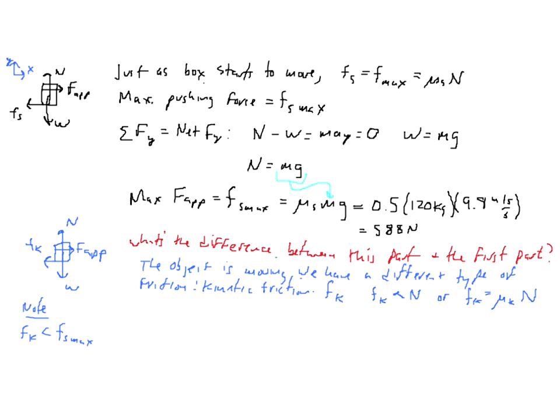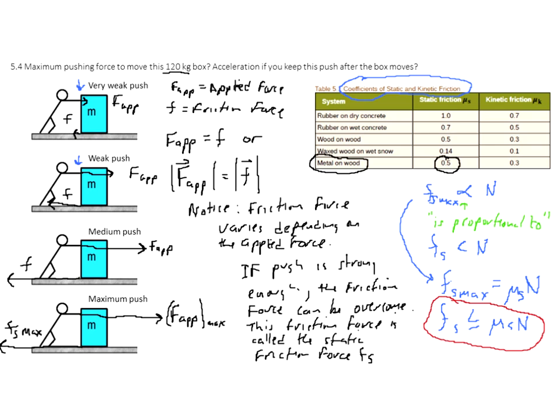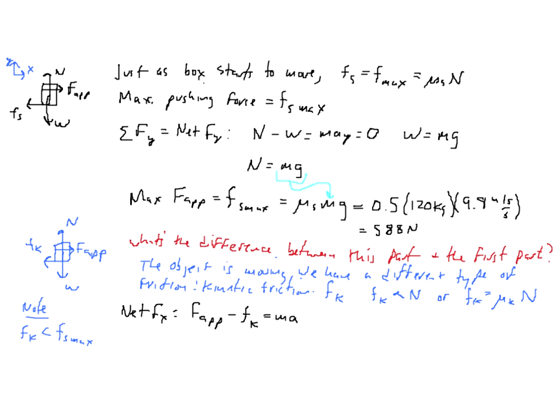So if we look at the sum of the forces, or the net force in the x direction, we've got the applied force minus Fk equals m times a. And we want to know the acceleration. So that means that a equals F applied minus F sub k.